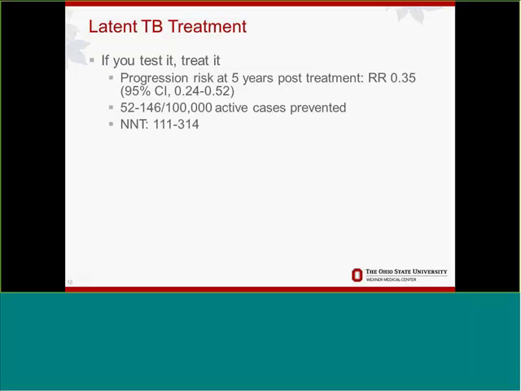Again, it's a little hard because we don't know the exact incidence of latent TB. And number needed to harm is about 279 to 2,500, and most of this is hepatotoxicity, particularly with INH. It costs about $500 to treat a person for latent TB, and it costs about $15,000 to treat active TB.